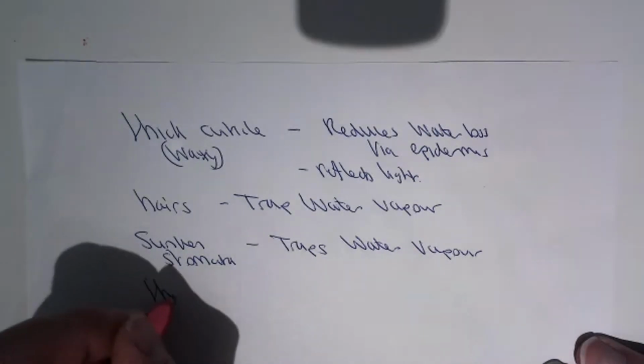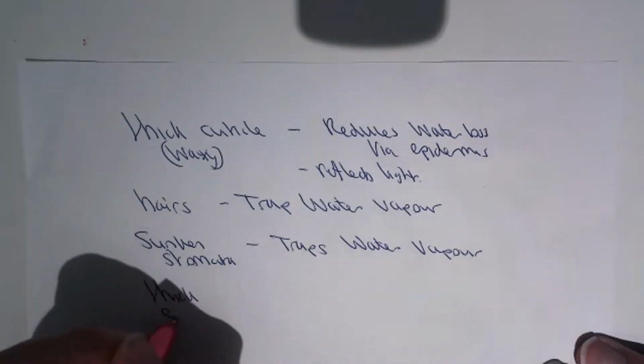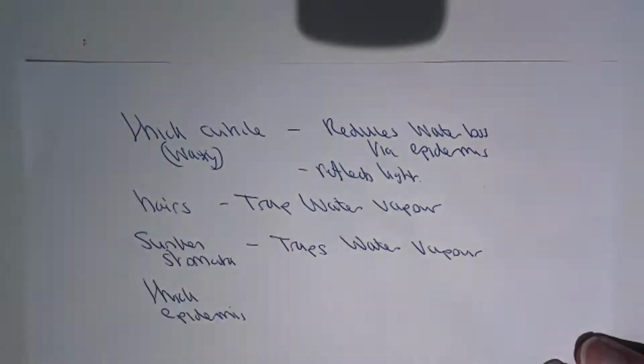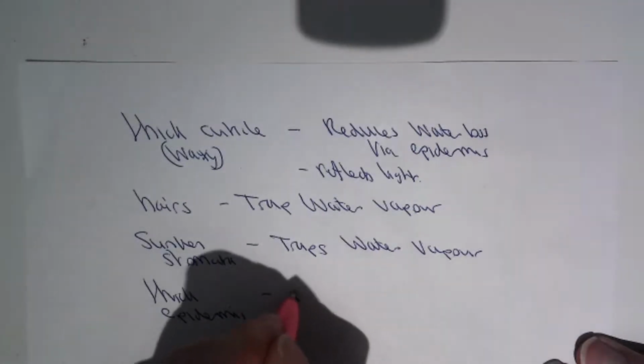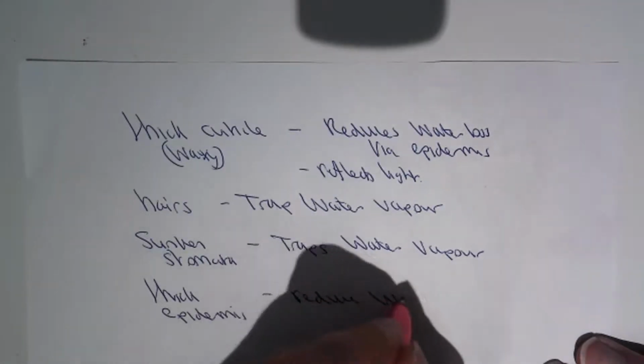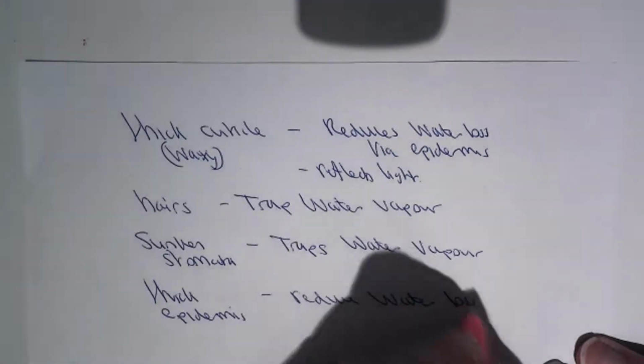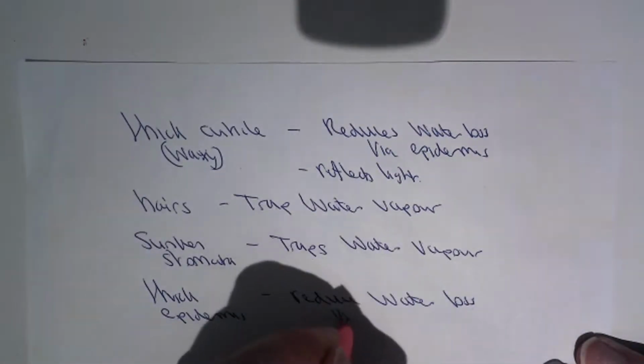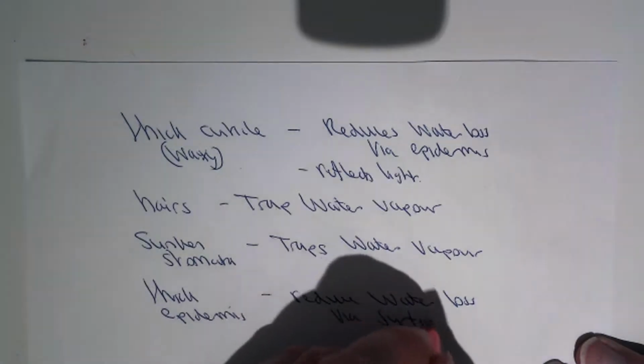They've got a thick epidermis, top layer of cells of the leaves, and that's going to reduce water loss via the surface.